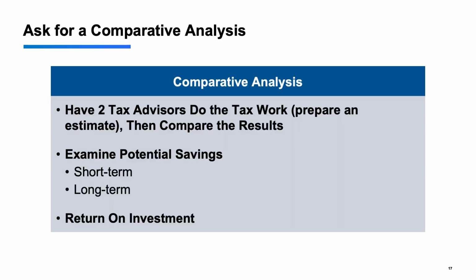And that's just by cutting their taxes by 10%. You can use that money to take care of financial needs for the family or to reinvest and grow the business. So the idea here with tax planning is that we allow our customers to do a comparative analysis.